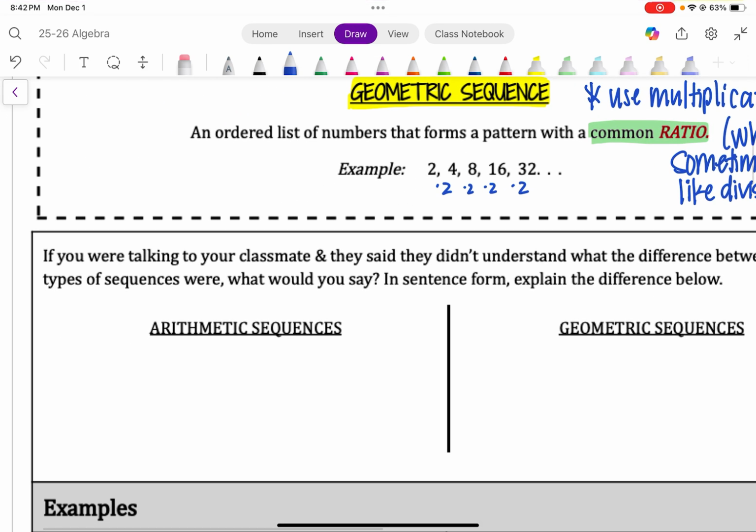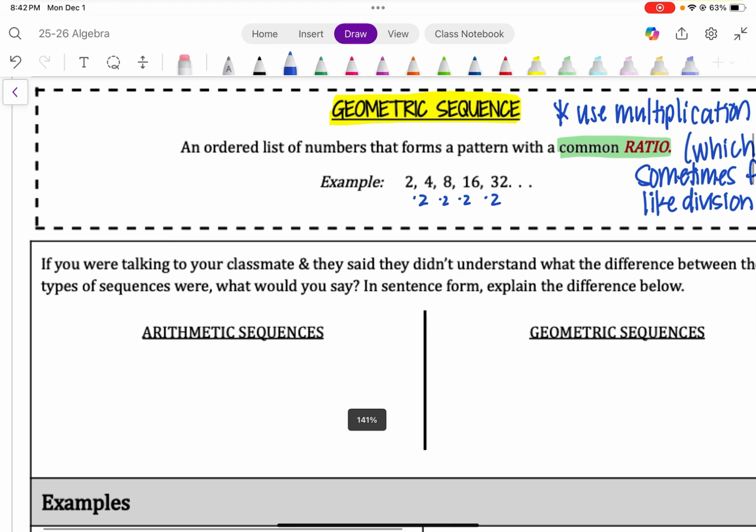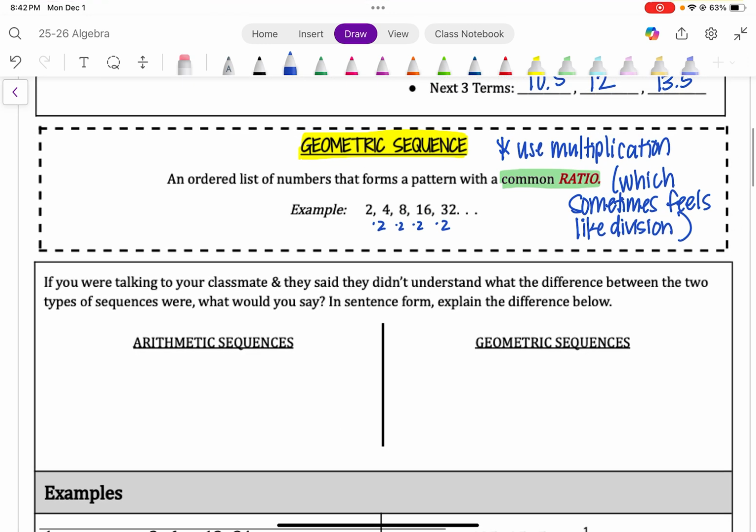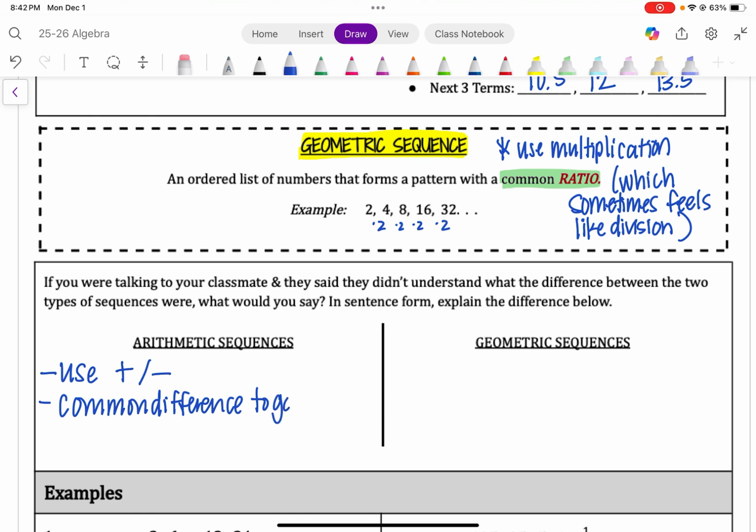If you were talking to your classmate and they said they didn't understand what the difference between the two types of sequences were, what would you say? So arithmetic sequences, these use addition and subtraction. We call it a common difference to go from one to the next.